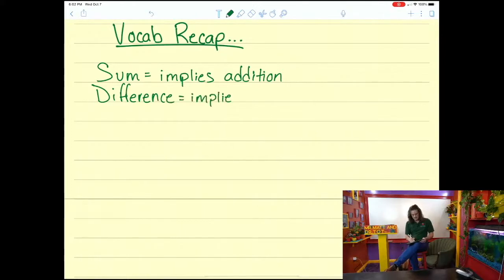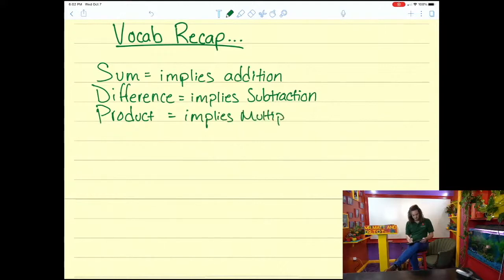It's the answer to a subtraction problem, in other words. The product of values implies multiplication. And the quotient is going to imply division.